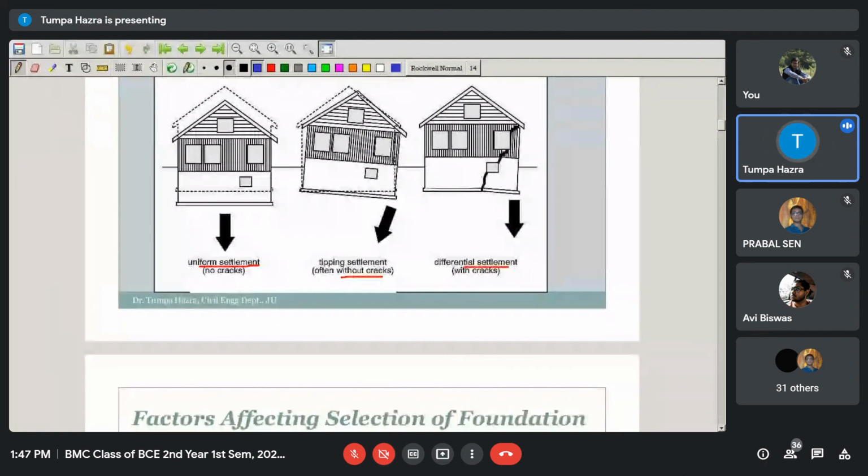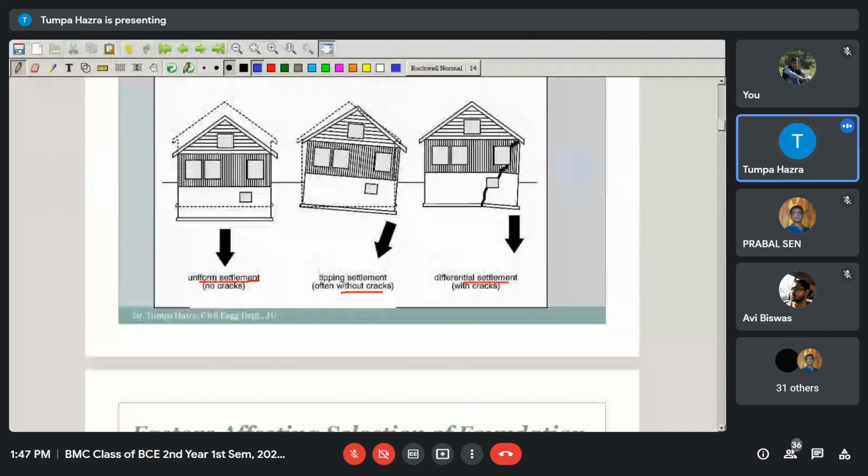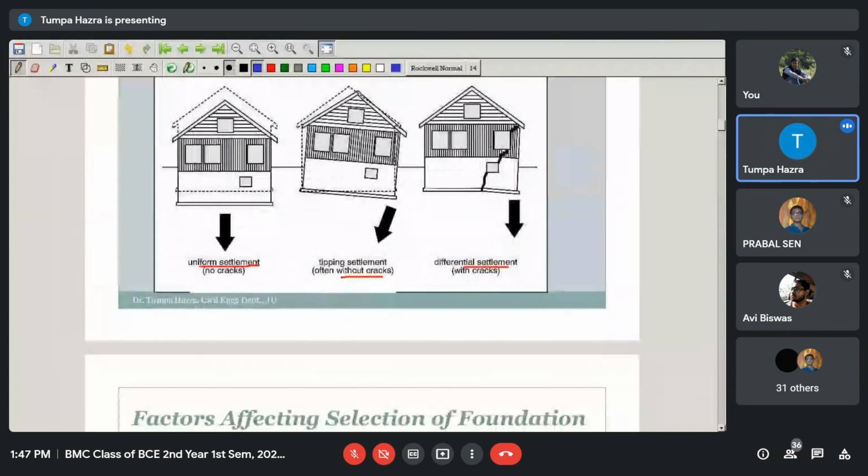But repairing that is quite difficult. So whenever you design the building, you have to design the foundation very carefully so that these types of situations never occur.